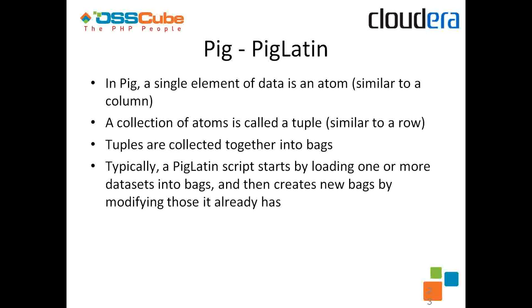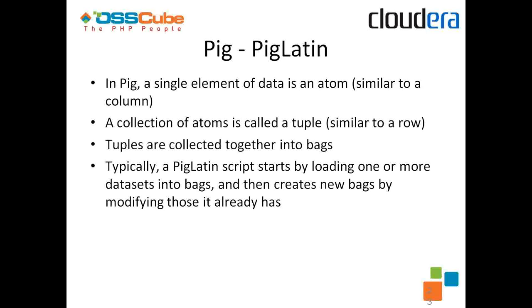So basically, the way a Pig script runs is you start your Pig script and you load your data set into bags. Then you can create new bags as you modify or refine your data set. This is how Pig Latin works in the data flow.